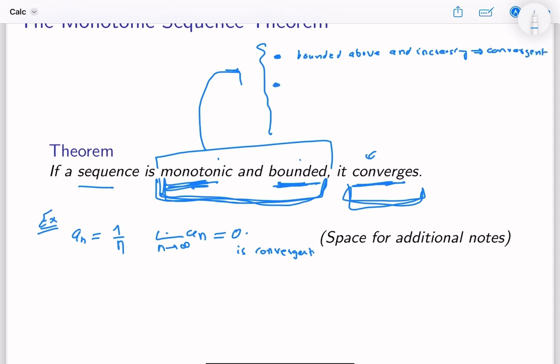The second part is if it's bounded below and decreasing, then it's also convergent. And the other one is that if it's monotone, either increasing or decreasing, and not bounded, then it's divergent.